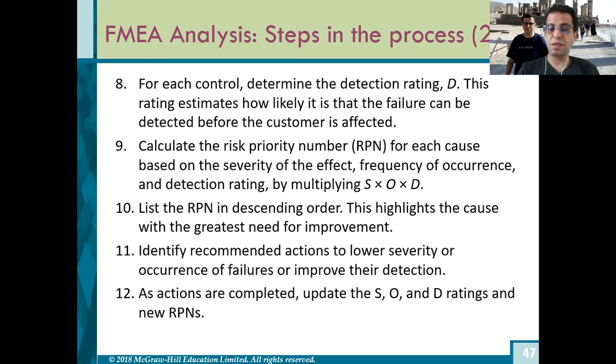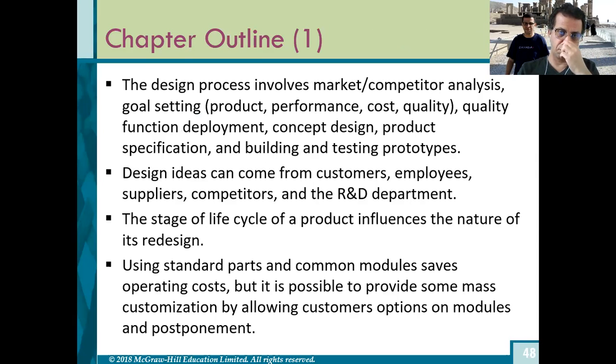This highlights the cause with the greatest need for improvement. Then we identify the recommended action to lower severity or occurrence of failure or improve their detection. As the actions are completed, keep updating the SOD ratings and the new RPNs.